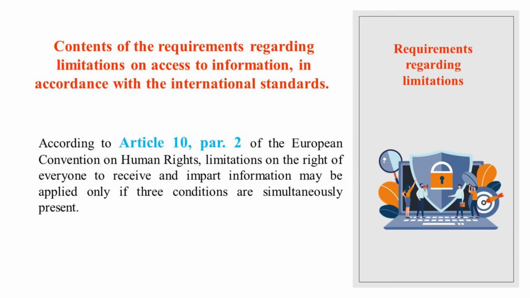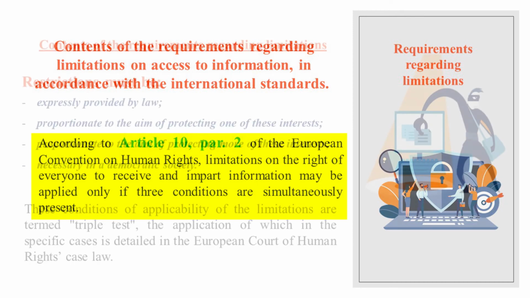Requirements regarding limitations. The contents of the requirements regarding limitations on access to information in accordance with the international standards are as follows. According to Article 10, Paragraph 2 of the European Convention on Human Rights, limitations on the right of everyone to receive and impart information may be applied only if three conditions are simultaneously present.